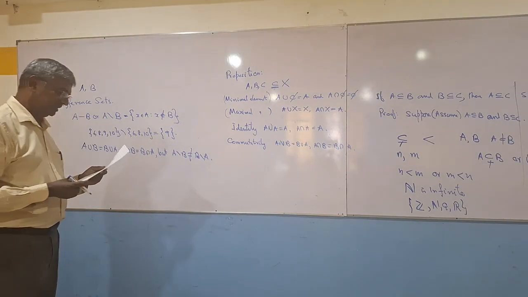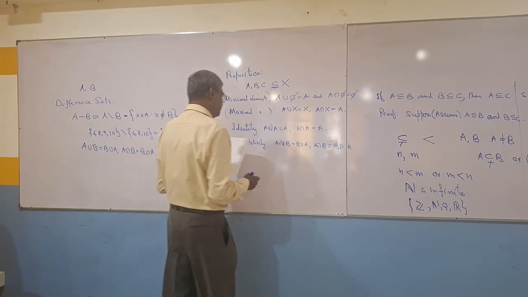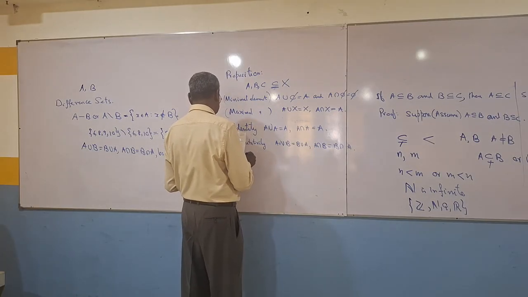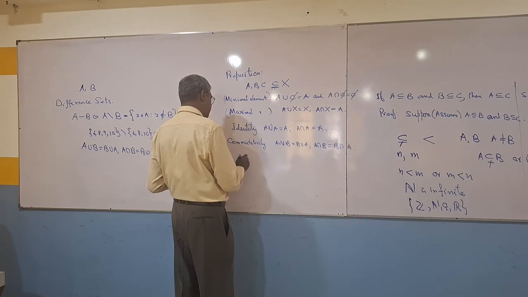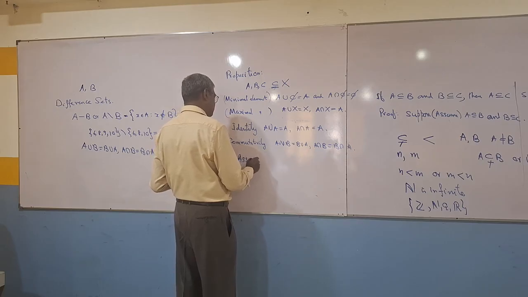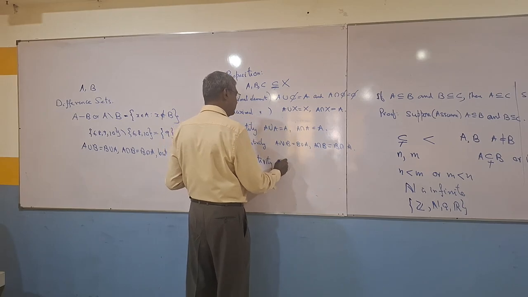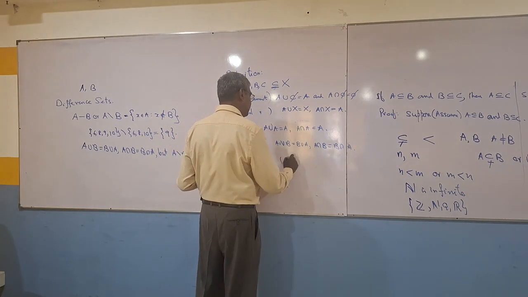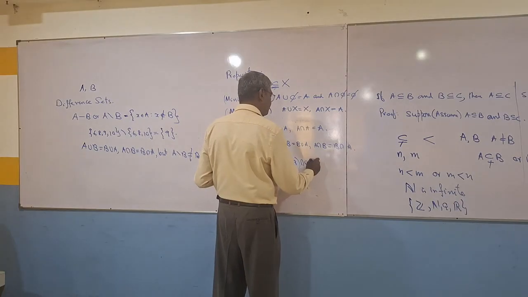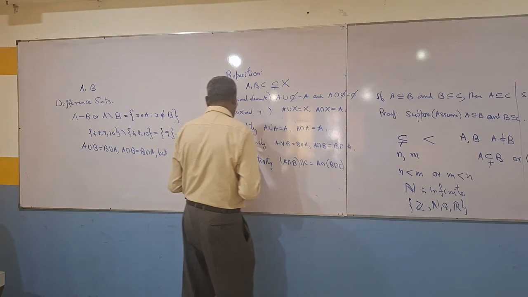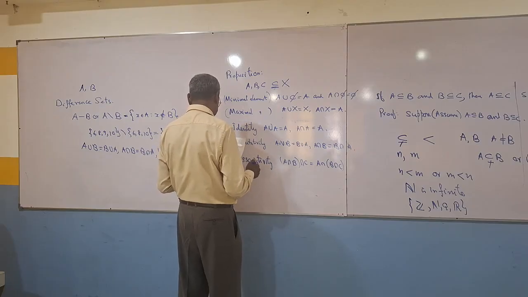That's very important. Associativity: we have discussed all of them. A intersection B intersection C is A intersection B intersection C. Some of them we have already proved, by the way.